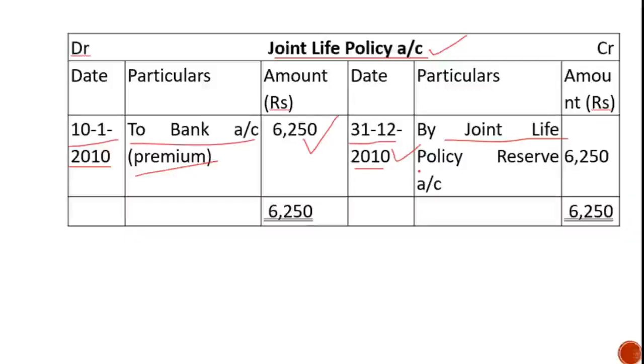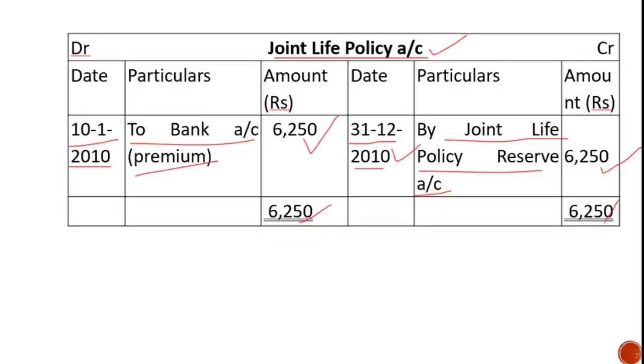So whatever the annual premium, that is to be transferred to the joint life policy reserve account, that is 6,250. So write on both the sides 6,250. In the first year, there will not be any balance.